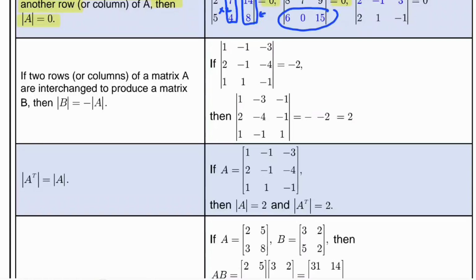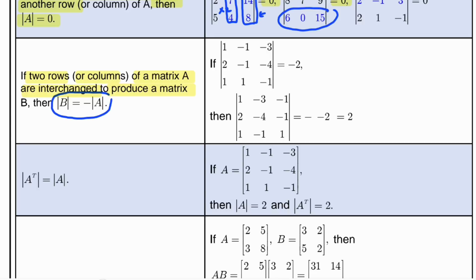So the next property is, if two rows or columns of a matrix A are interchanged to produce a matrix, then you just need to multiply the determinant by negative 1. So if there is interchanging between rows or columns, you have to multiply by negative 1.